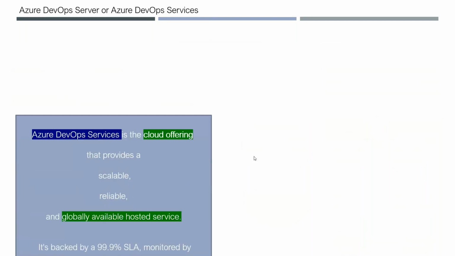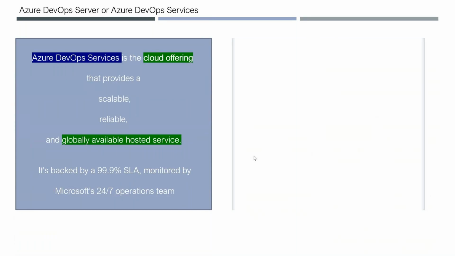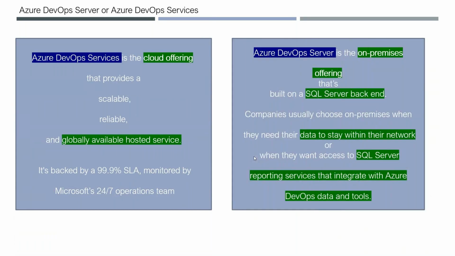Yeah, so let me spend a minute here. As I told you in our first class, you have an on-premise Azure DevOps version as well as a cloud Azure DevOps version, or you can call it cloud native.